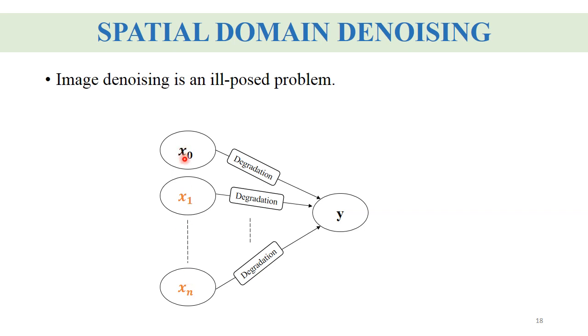For example, from x0 after degradation it will lead to Y, x1 after degradation it will lead to Y, and like that n numbers, xn after degradation may also lead to Y. That means there are around n plus 1 possibilities from which we can get this Y. Now our problem is we have Y, the degraded version, the noisy image. I don't know where it came from. That means I don't know anything about this degradation or the original source. But I want to reconstruct it back.